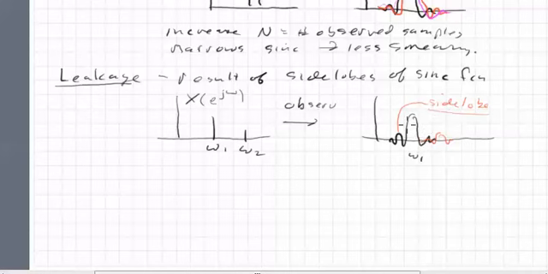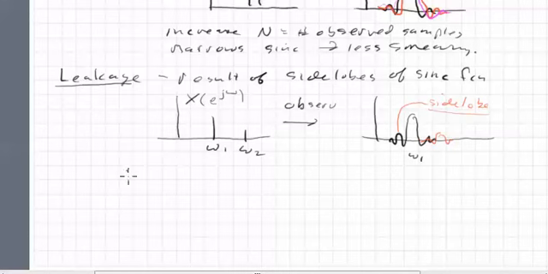These side lobes of a sinc function are actually pretty big, and they can be as big or bigger than an actual main lobe that's due to a spectral line. So the idea of leakage means that power in the original line leaks into these side lobes. And these side lobes make it difficult to detect small spectral lines.